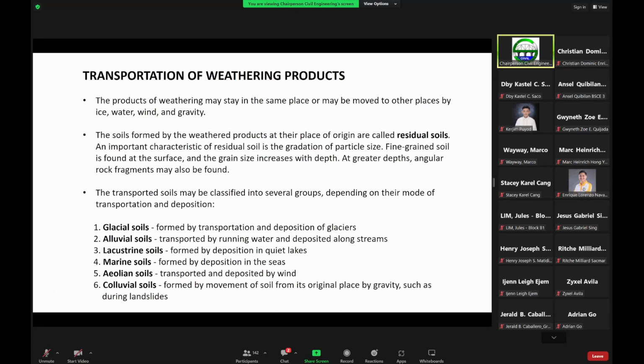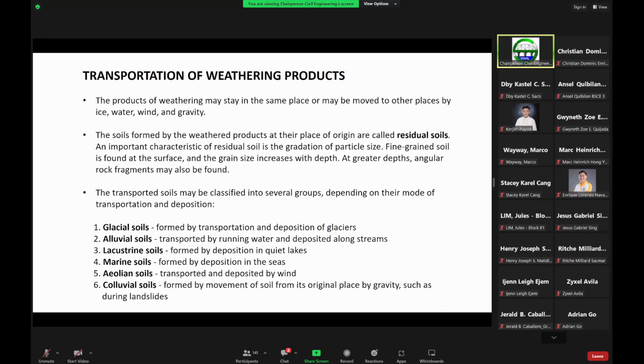We don't seem to have that here in the Philippines. Okay. We also have alluvial soils, which are transported by running water and deposited along streams. Then you also have the lacustrine soils. These are formed by deposition in quiet lakes. Okay, sometimes lacustrine soils are also a bit problematic.